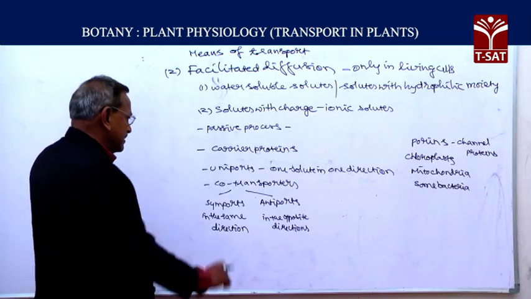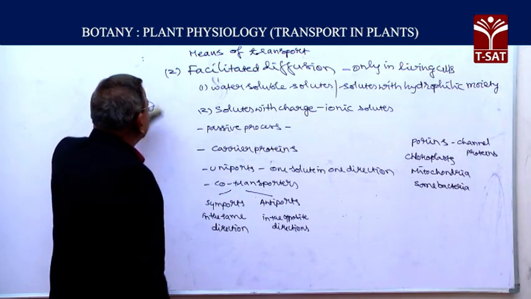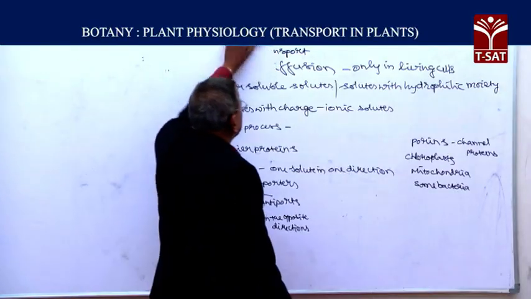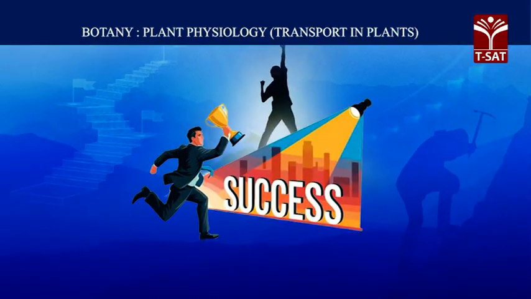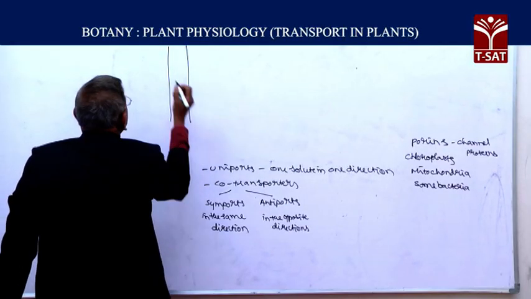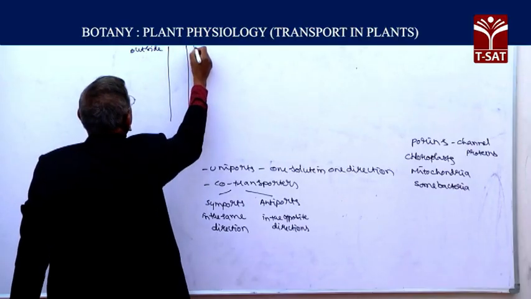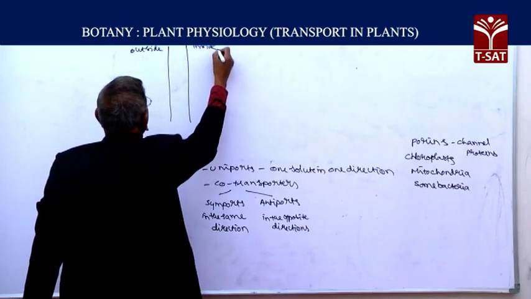Let us consider how the transport proteins work and what are the other conditions here. Let us consider this as a membrane, plasma membrane, and this is outside the membrane and this is inside the membrane.